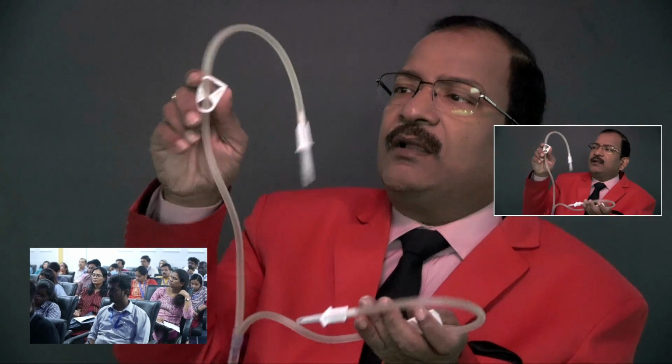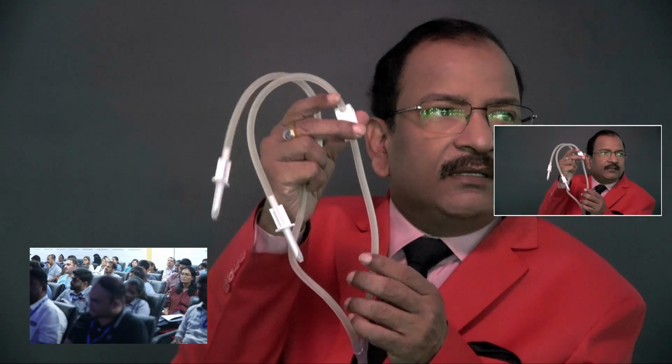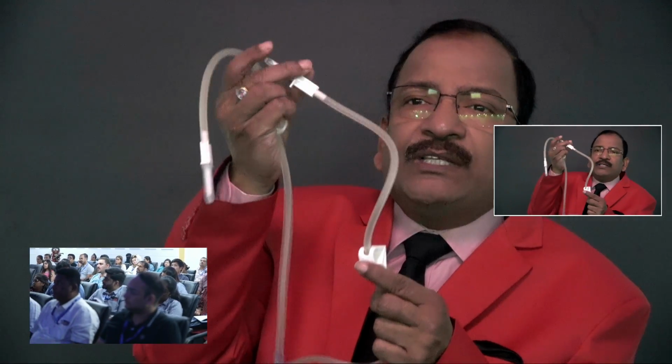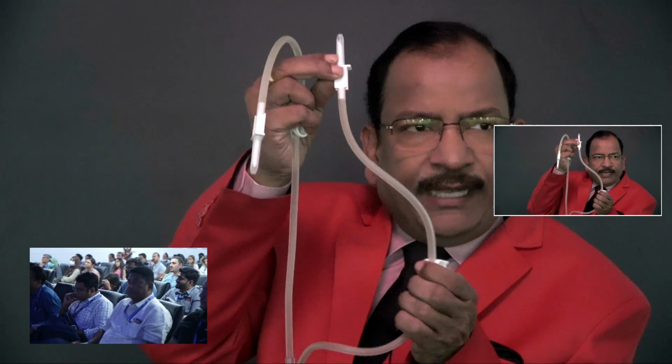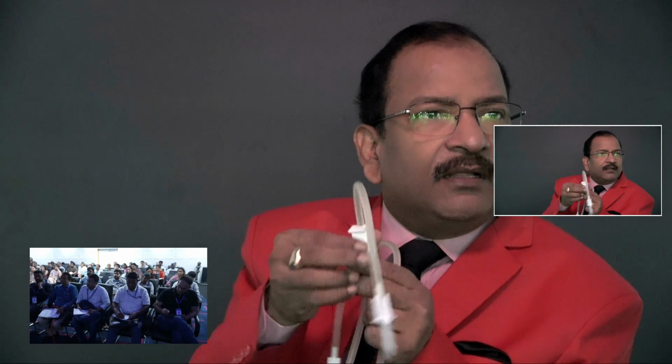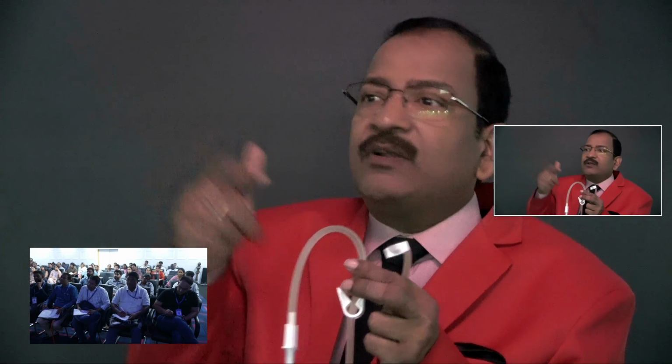It is locked, and one is open. Before this one gets completely empty, you should lock it and open this one. You got it? And after that, change this bottle, so that even a single drop of air should not enter.